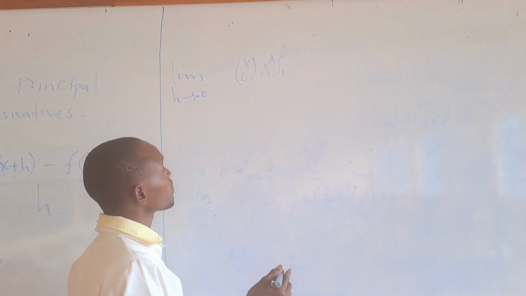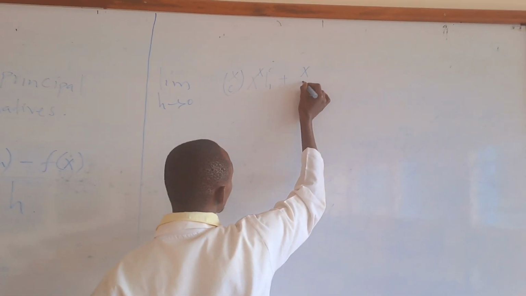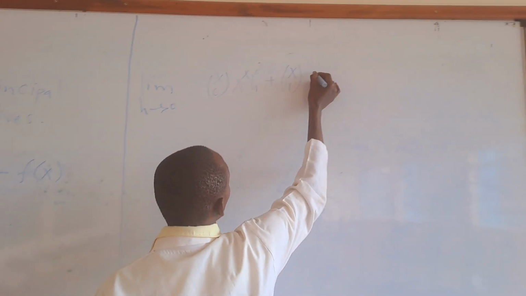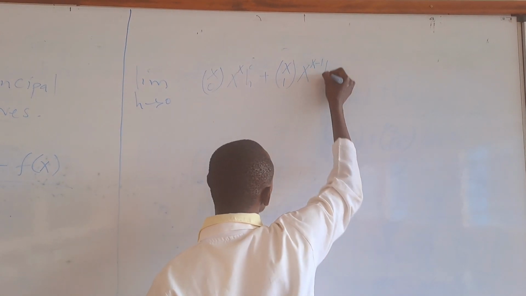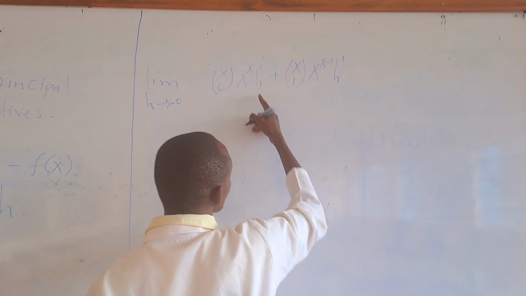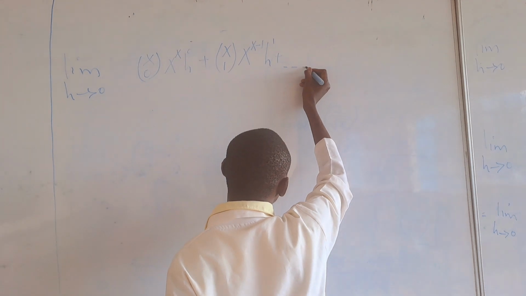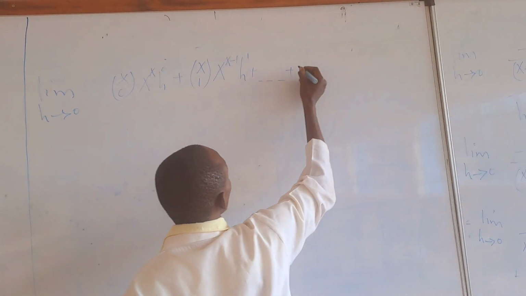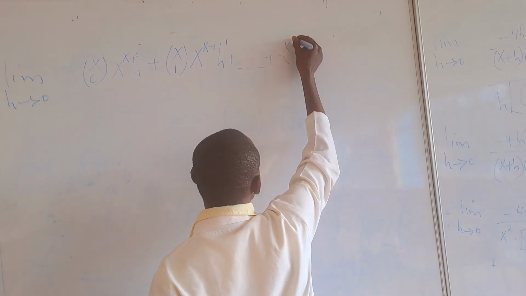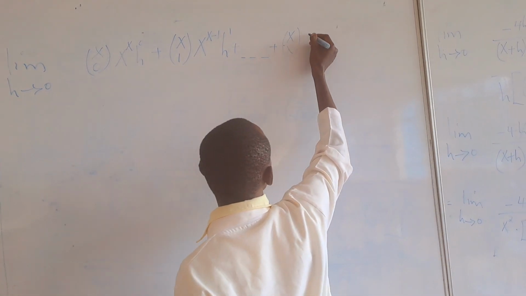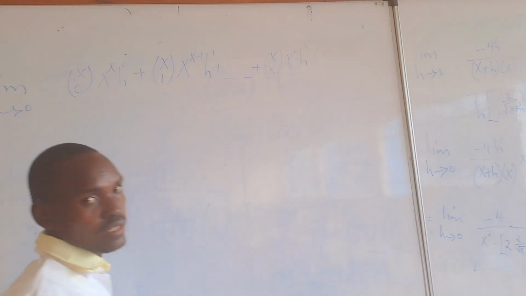That is our first term. Then our second term will be plus x combination 1, x raised to power x minus 1, but now h will be raised to power 1. Then that is how it will go, plus up to plus x combination x multiplied by x raised to power 0, but h now raised to power x.